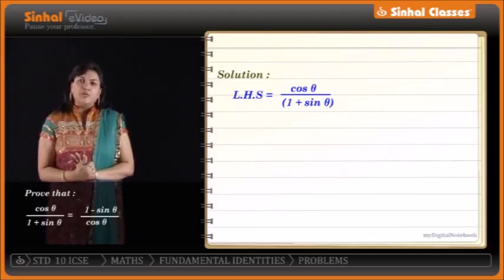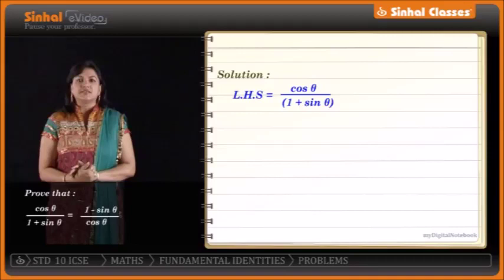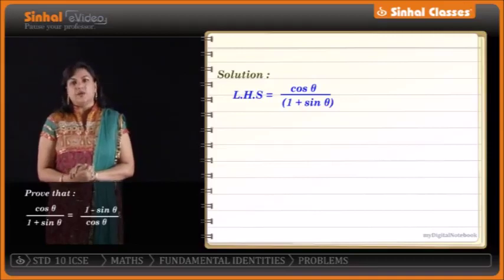We have 1 plus sin theta. In such cases, we rationalize the denominator, that is, multiply by its conjugate. The conjugate will be 1 minus sin theta.